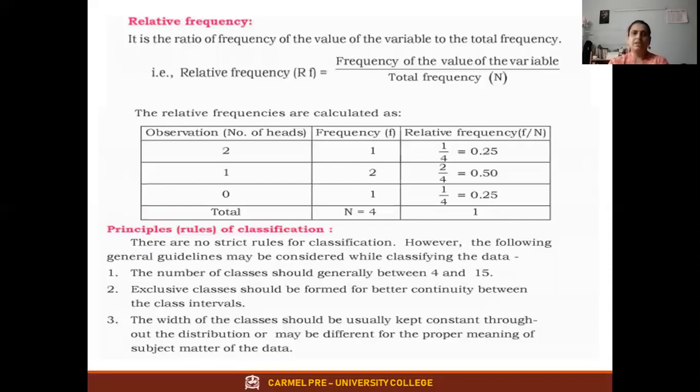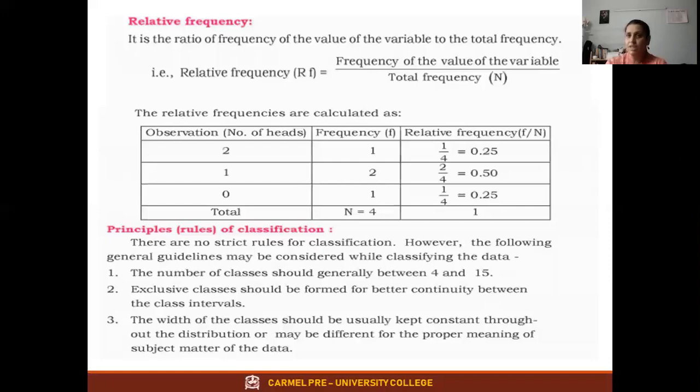First one: the number of classes or class intervals should be between 4 and 15. Now a table can't be very long, you can't have 20 class intervals. Maximum 15 is good. Minimum at least 4 is good. Exclusive classes should be formed for better continuity.